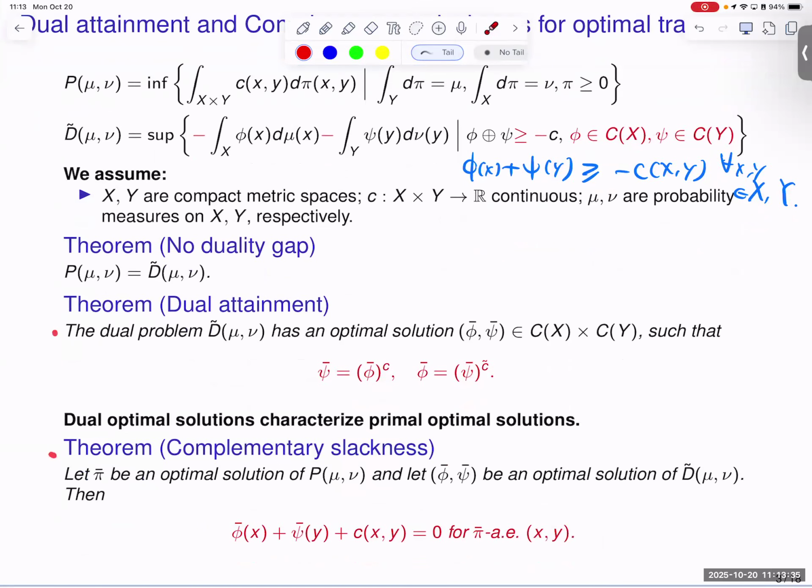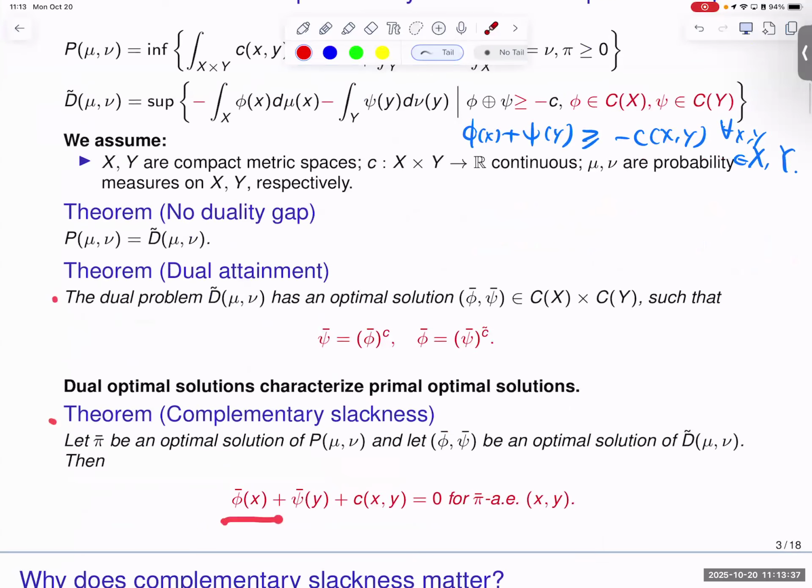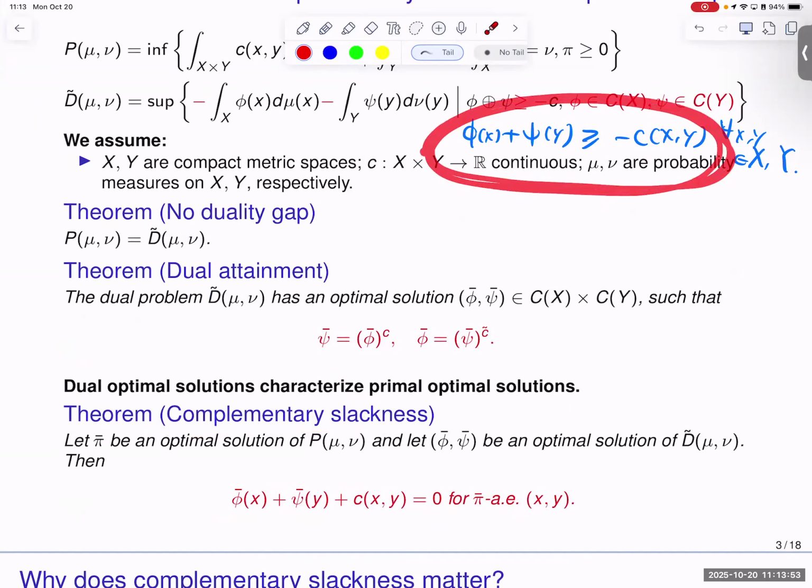And the third important theorem is so-called complementary slackness. It says that the optimal transport plan, pi bar, is supported only where this dual constraint is saturated.